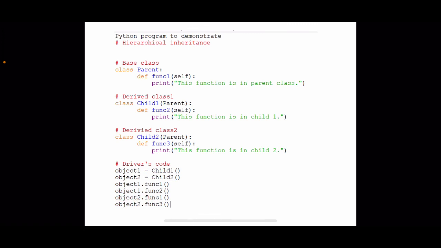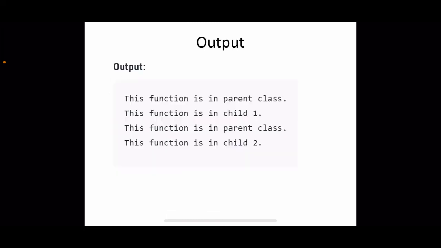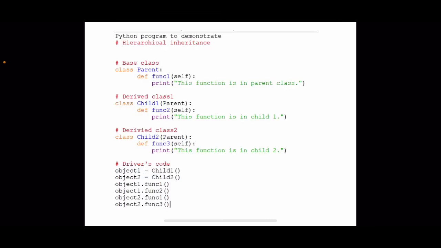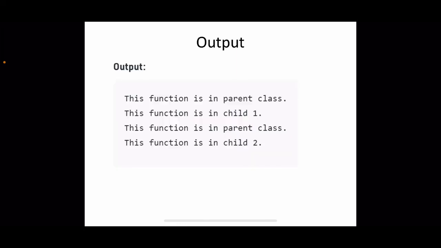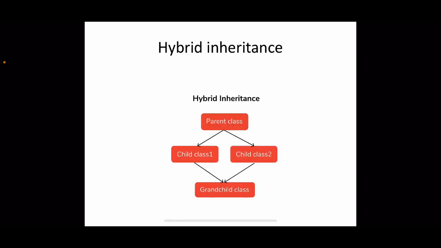Again we are invoking function 1 through the object of this class, so again this function is in parent class will be displayed. Then finally we are calling object 2 dot function 3. Object 2 belongs to this class and function 3 also belongs to this class. So this function is in child 2 will be displayed finally. So this is hierarchical inheritance.